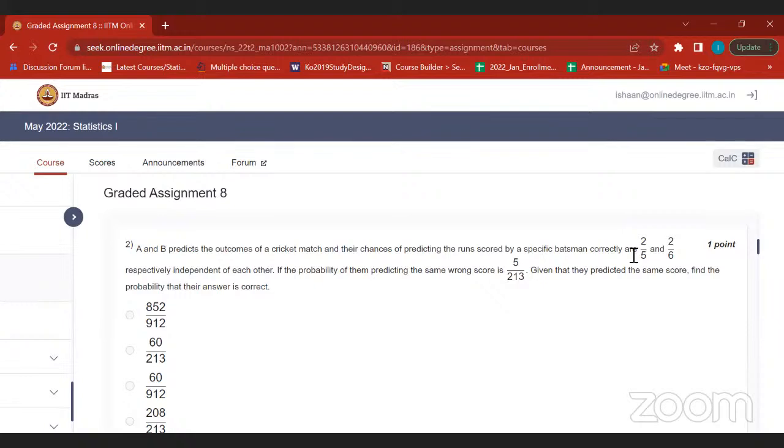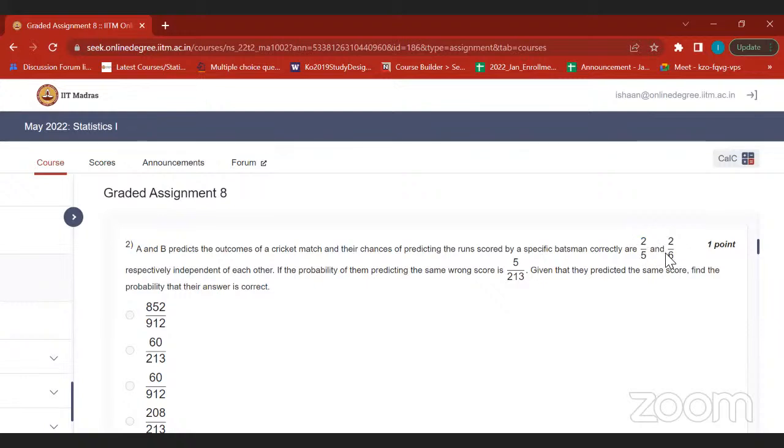It is also the match prediction. They are predicting the batsman scores only, right? By batsman score, they are predicting the scores of the cricket match. Okay. So at the end, it will be 2 by 5 into 2 by 6, when both predict correctly, right? Chances of predicting A correct and B correct.